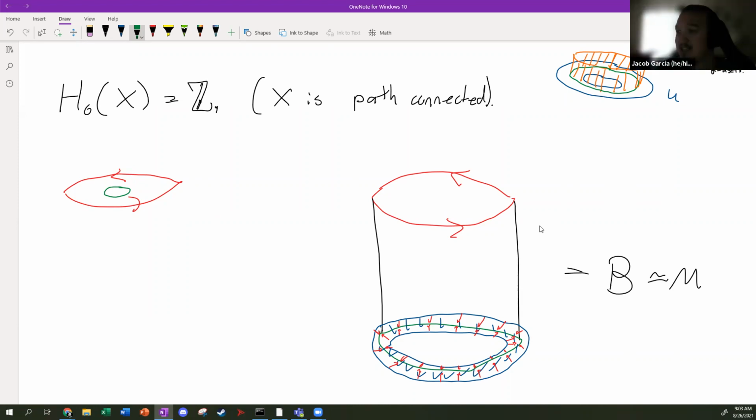And all that I'm doing is, if I did this with an annulus, right, just take an annulus and pull at the bottom circle and leave the top circle fixed, what you'll get is a normal cylinder.